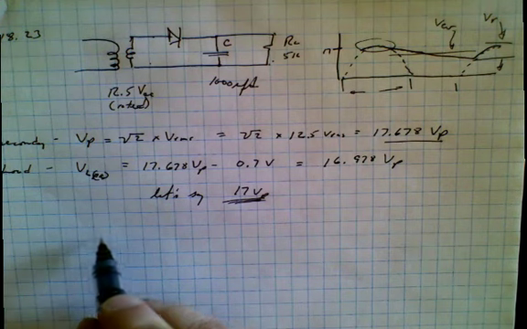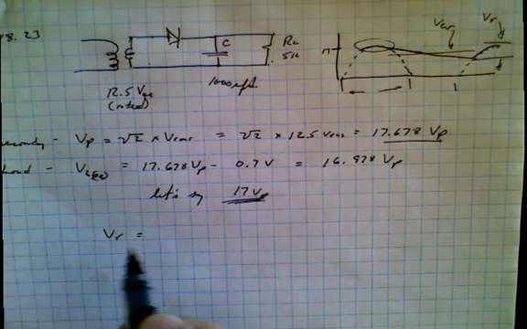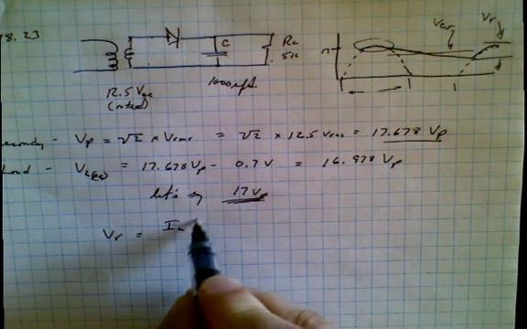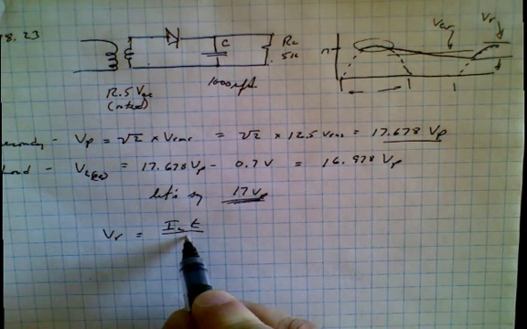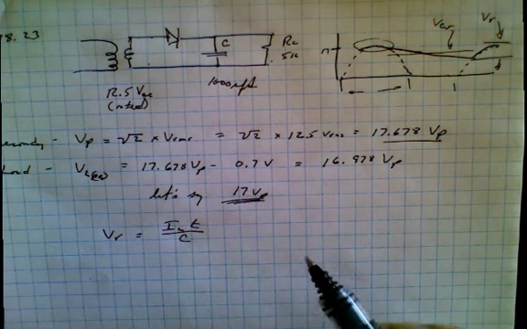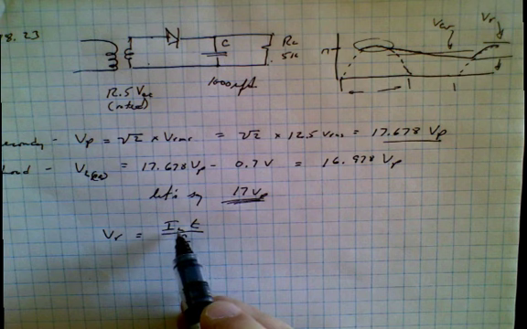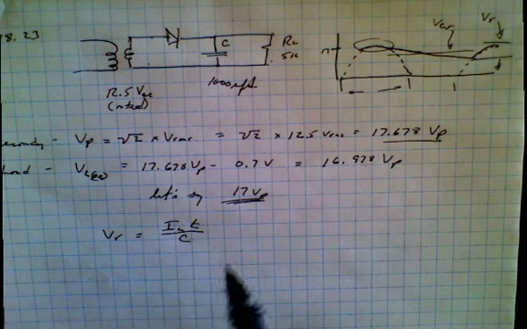We could say, for example, that the ripple voltage is equal to the average load current times the time of the ripple divided by C. The problem is we don't know what the average load current is. That's the real problem. So we're going to try and find it.